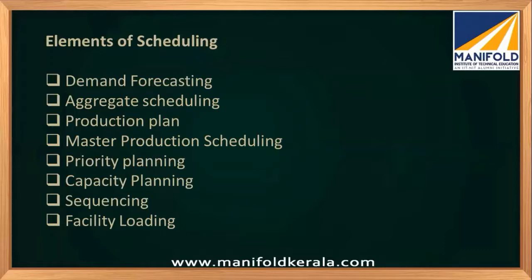That also has to be evenly distributed. We must know where the overcrowding is happening and how we can distribute the load. These are mainly the key elements of scheduling. Now we will see what kind of job shop planning can be done, or how the scheduling is done in a real situation.